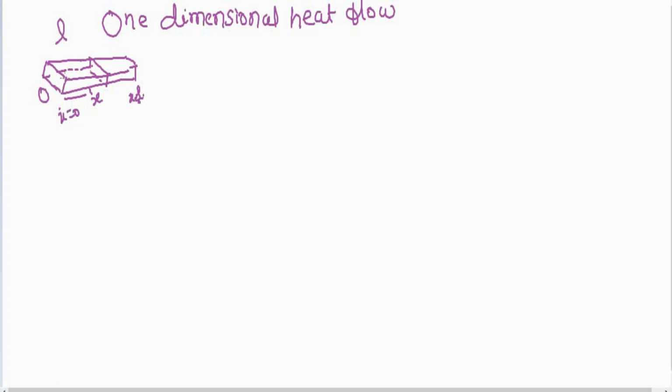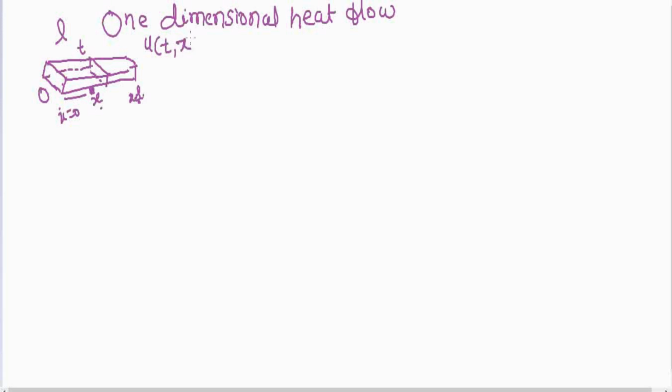That means if heat is flowing along this cross section, and at point x it is measured as a function of time t and distance x, suppose u of x, t.